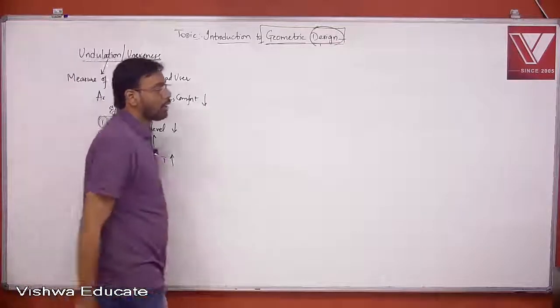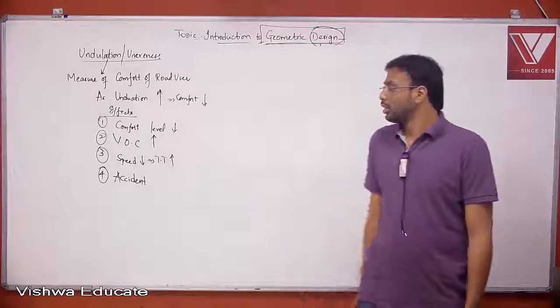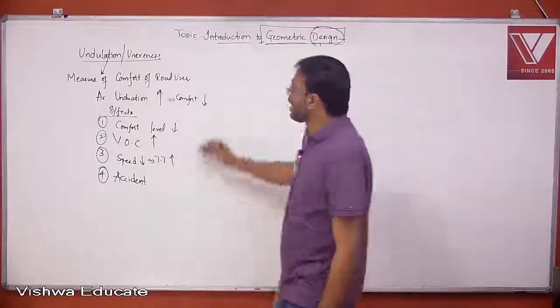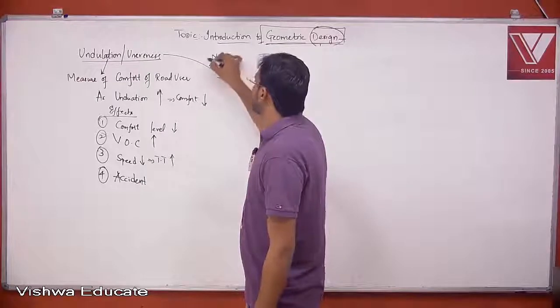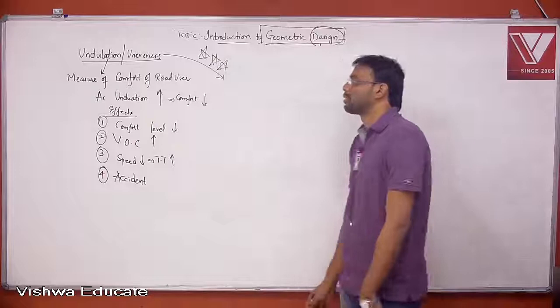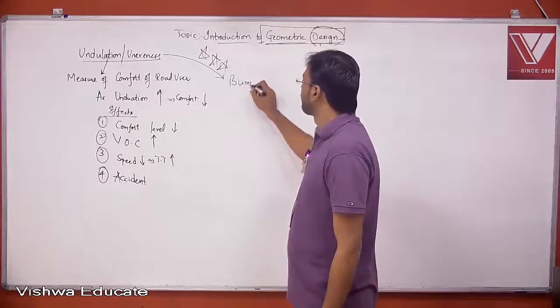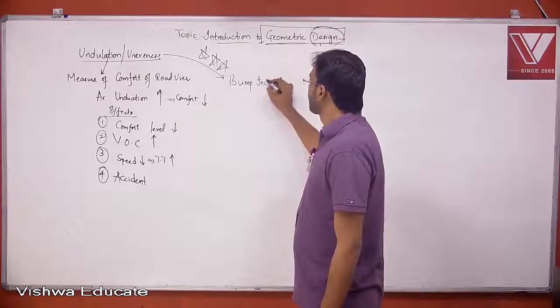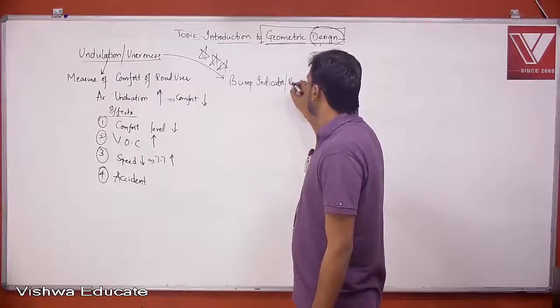it may even lead to accidents. So those are the disadvantages of unevenness, and this unevenness or undulations can be measured with the help of an instrument called a bump indicator or roughometer.